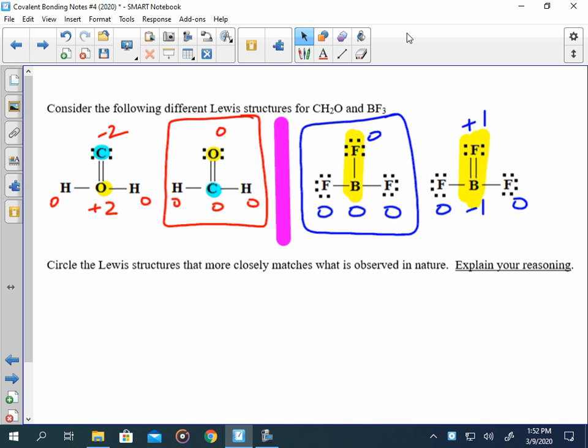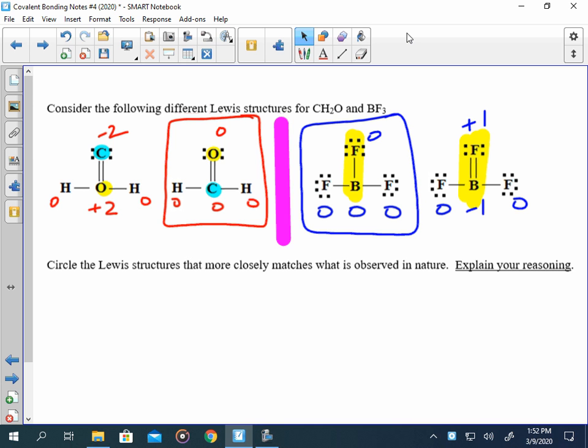To achieve an octet in this, you get a -1 formal charge on boron, and this just doesn't even seem right. I'm emotionally fragile when I see fluorine with a +1 formal charge. The idea of creating an octet is like water going uphill. It just is not going to happen.